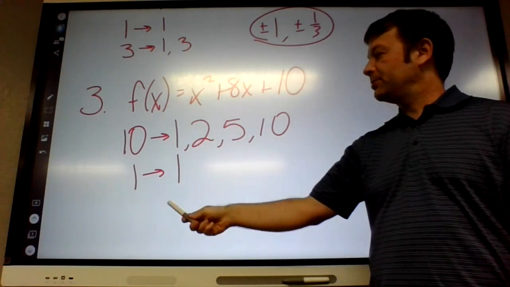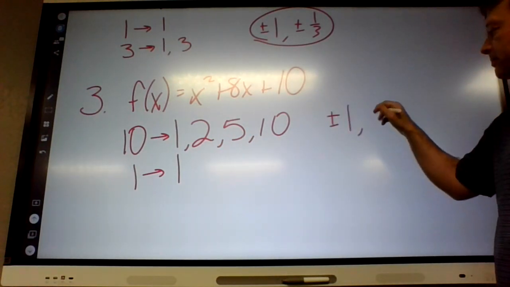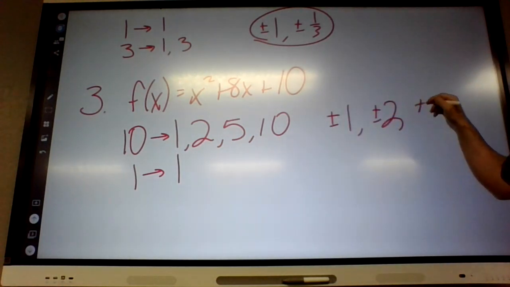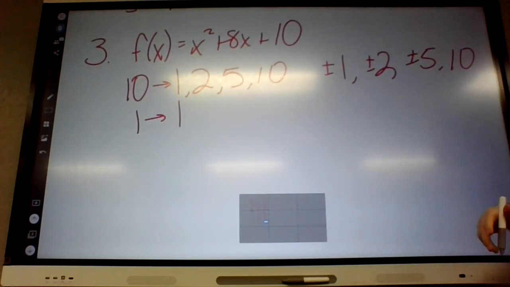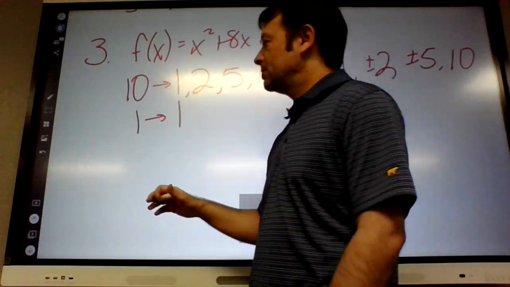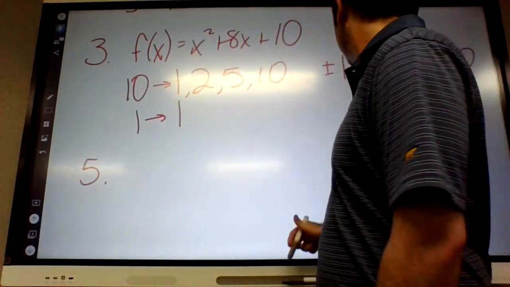So 1 over 1, 2 over 1, 5 over 1, 10 over 1, so it's just 1, 2, 5, and 10, plus or minus. Sorry, y'all. You didn't put plus or minus.